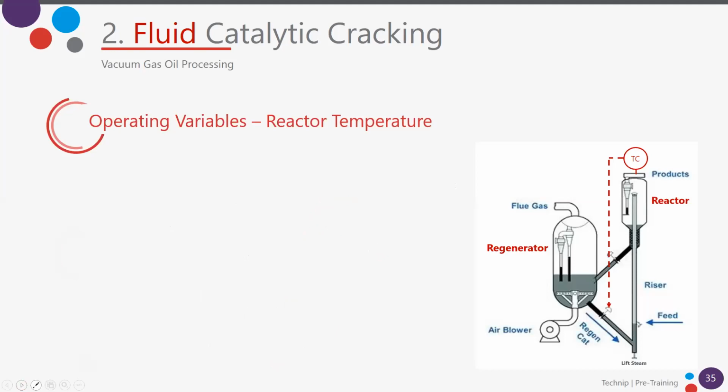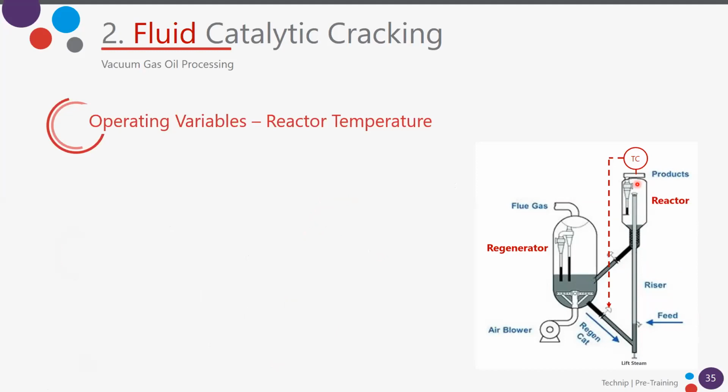Let's begin with the reactor temperature. Remember that here we have our feed, the riser, and the reactor here. We can adjust this temperature. How will we adjust this temperature?